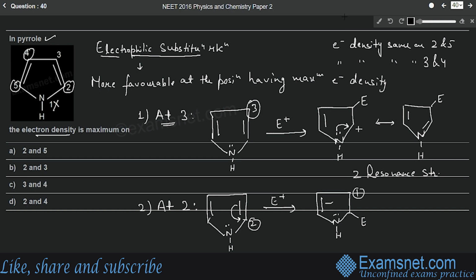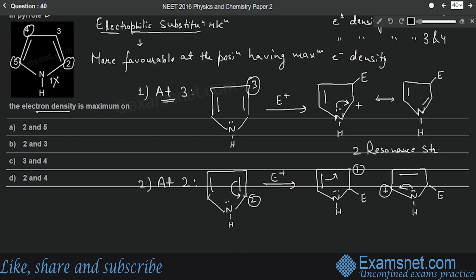So what will happen? Now this will try to move at this position. So the next resonance structure will be something like this. Here we have electrophile at second position and this bond has moved at this position, okay. So a positive charge now develops at this position, okay. Then lone pair will move at this position, okay.